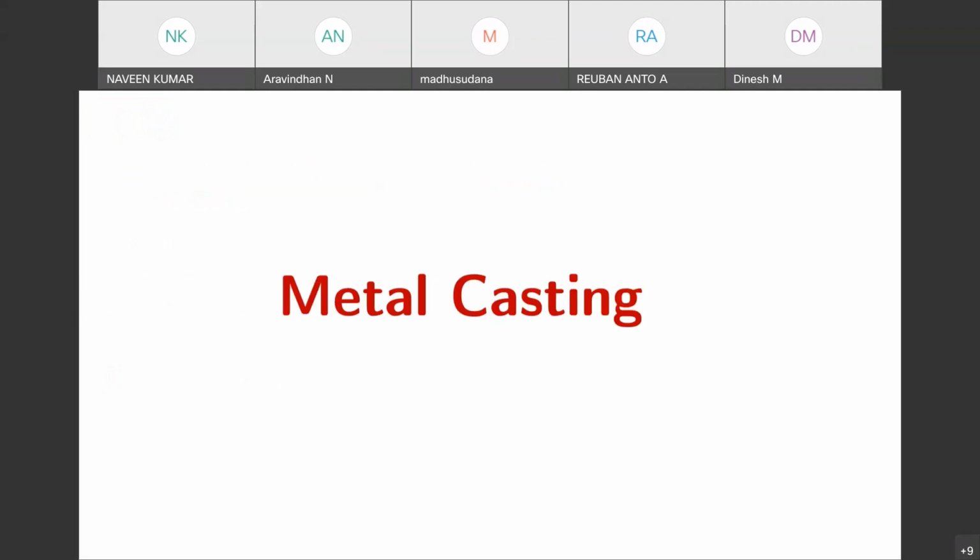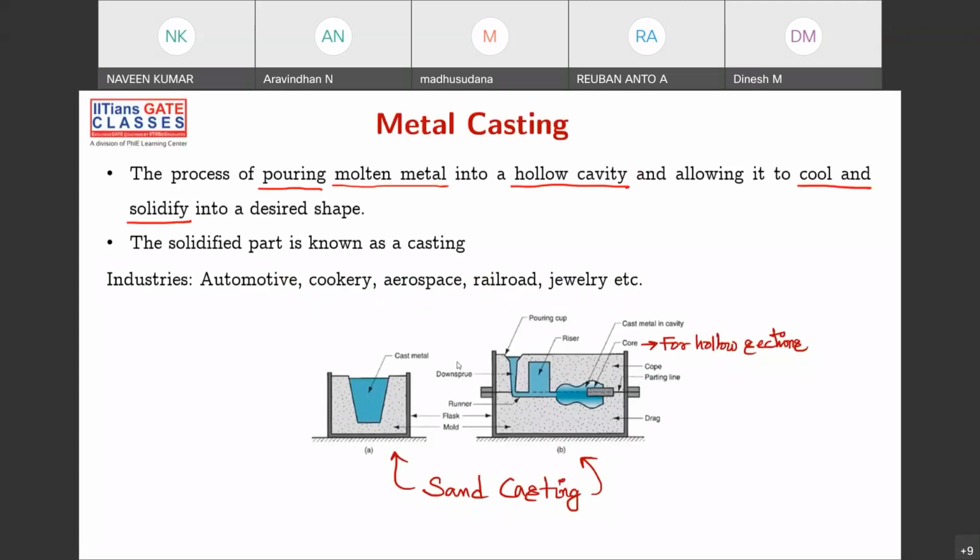If you are a mechanical engineer, if you have completed your engineering science, I hope that everyone has seen at least once how metal casting is done. Yeah. So now let's go. Metal casting is this simple thing, that is, you're trying to create.